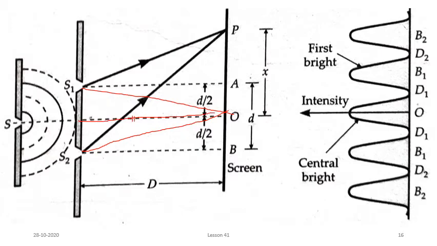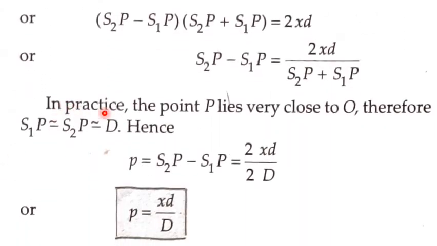And how much is this distance? Capital D. So in practice, the point P lies very close to O, therefore S1P and S2P equal D. Therefore I can write here D and D. So D plus D, 2D. So 2xd divided by 2D. So 2 and 2 get cancelled.